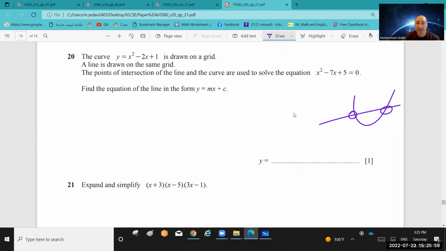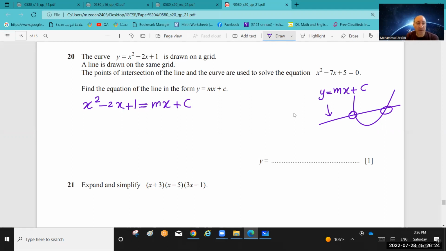Look, you just equate the equation x squared minus 2x plus 1 with the line. Consider the line's equation y equals mx plus c, for example. So just write the equation of the line as mx plus c and equate it with the given quadratic function.